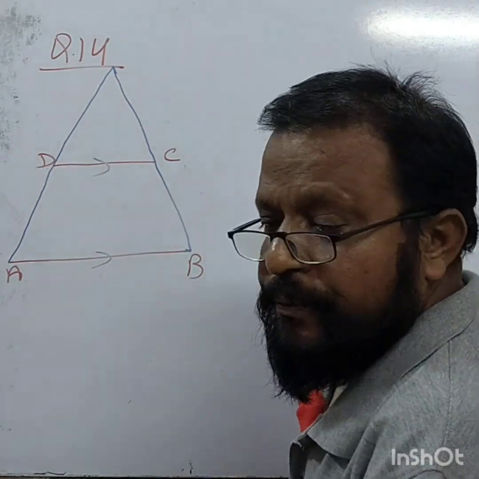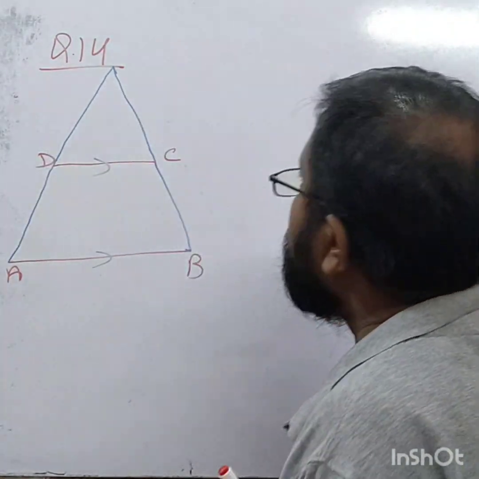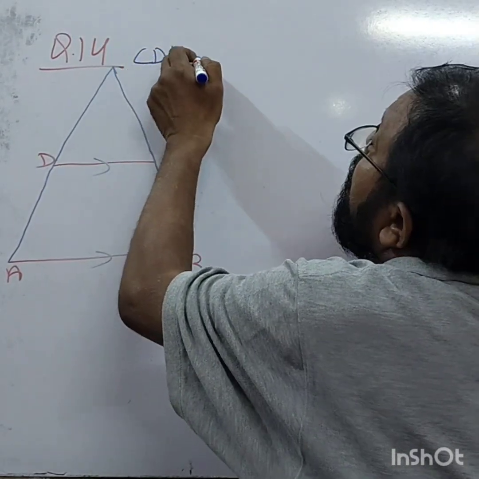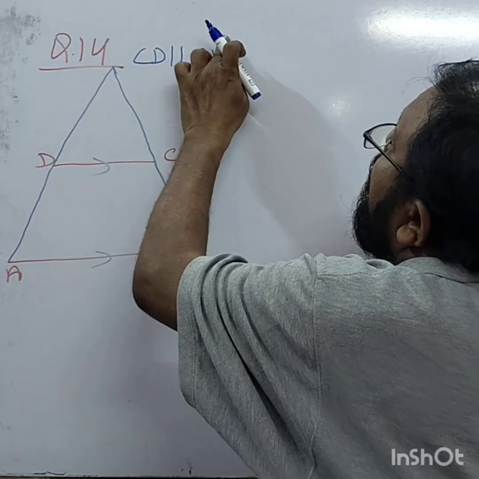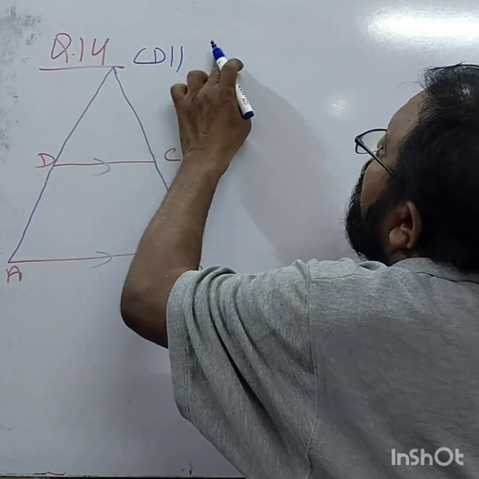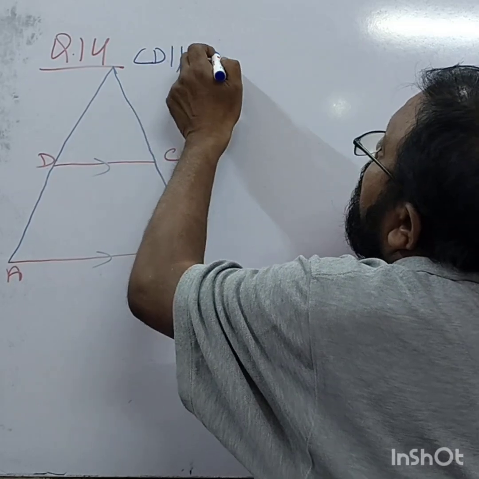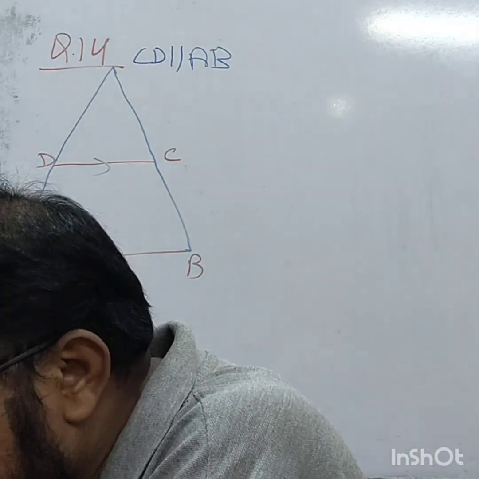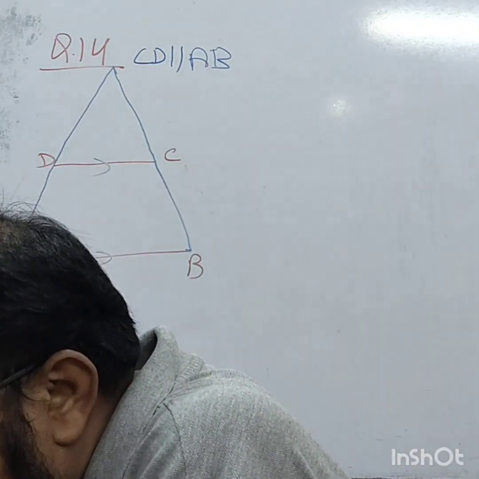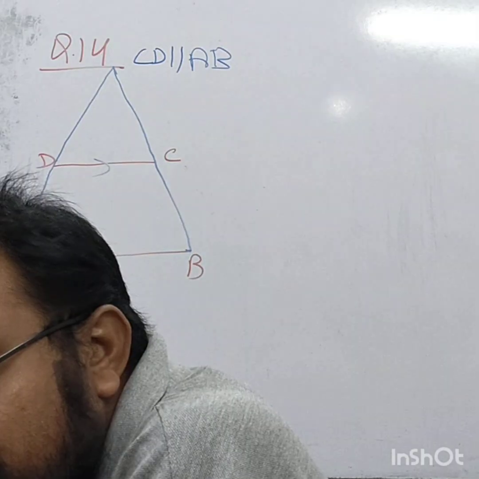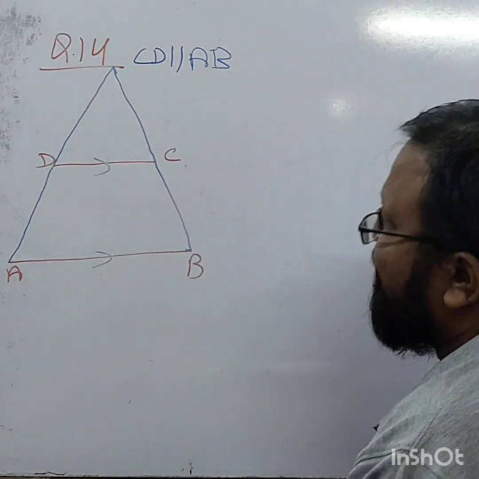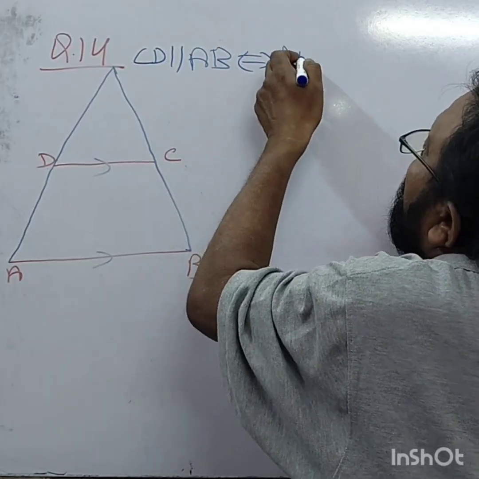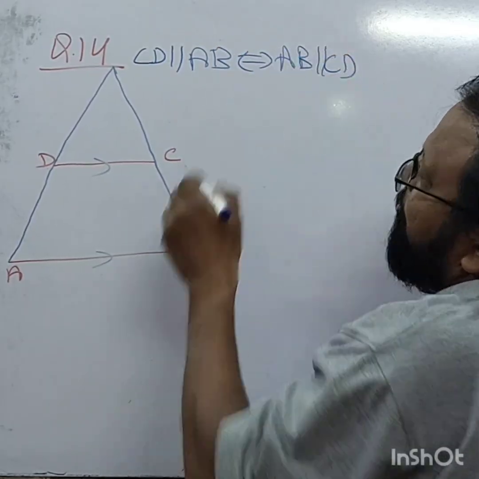So it is given to you that CD is parallel to AB. Sorry, CD is parallel to AB or AB is parallel to CD.